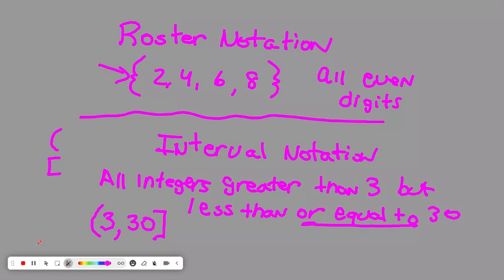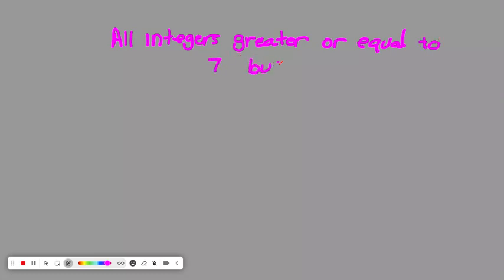Let's do it again. Let's do a couple of them. Erase this. What if I say all integers greater than or equal to 7, but less than 100. How would you write that?